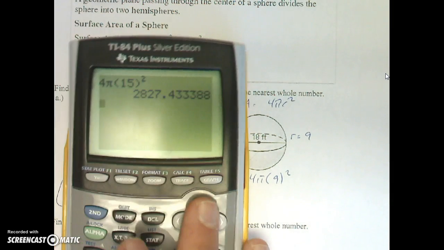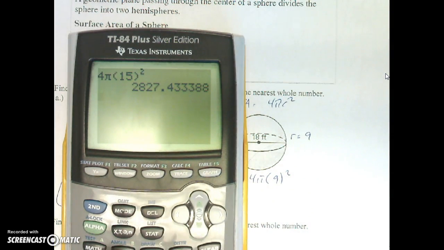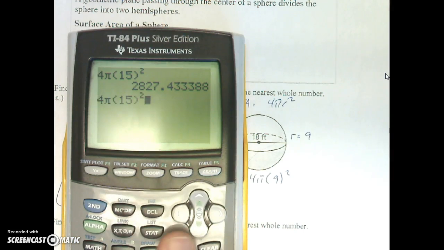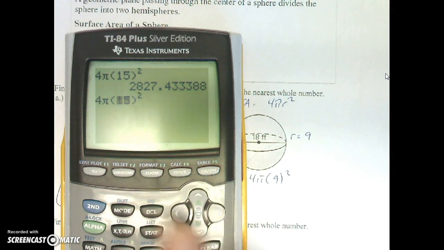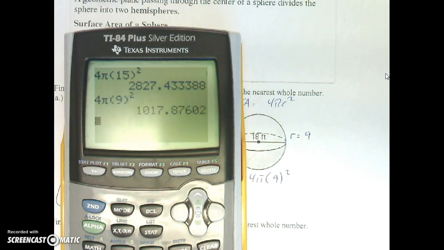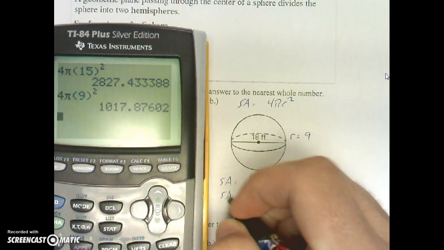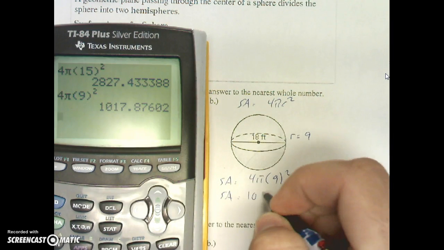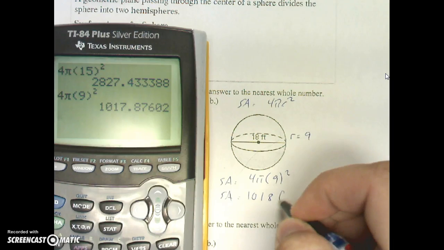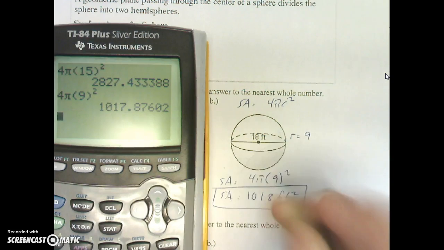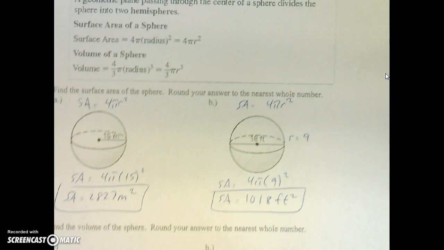I'm going back to my calculator, typing in 4 pi 9 squared, and I get 1,018. I'm going to round up. So surface area equals 1,018 feet squared. Wonderful.